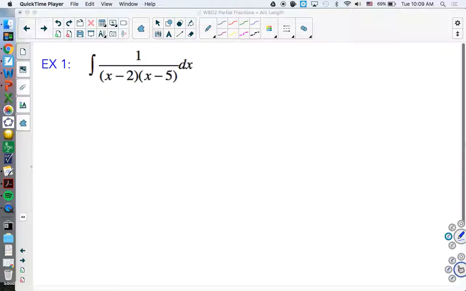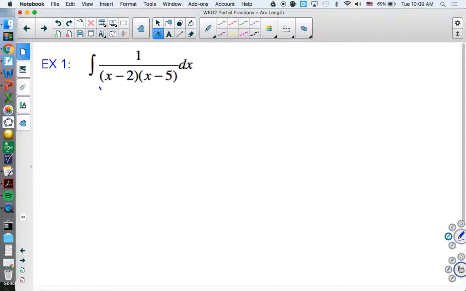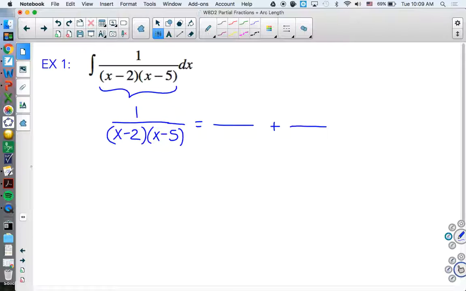Okay, so we don't have a way to directly evaluate this yet, but what we're going to try to do is rewrite this inside fraction. So we have 1 over x minus 2 times x minus 5. I'm going to suggest that actually we could write this as the addition of two fractions with different denominators.